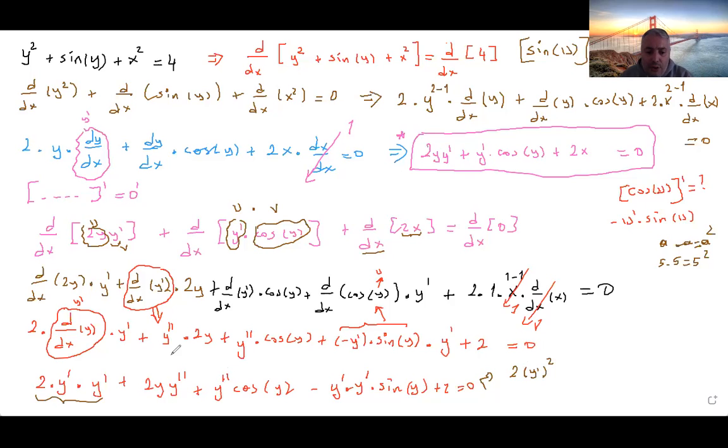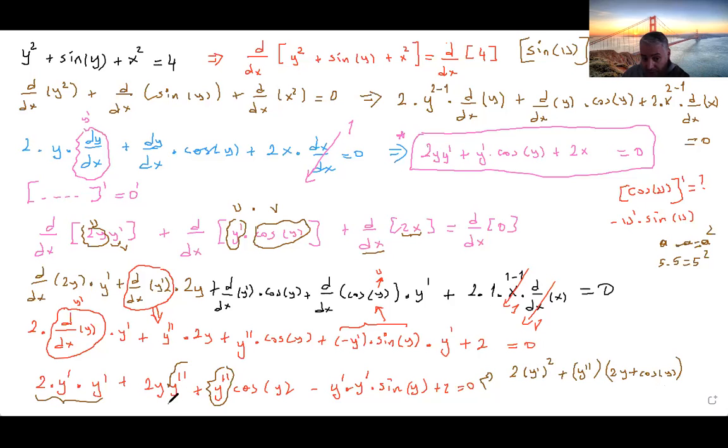But what can I do? This y double prime and this y double prime are common. So if I take y double prime parenthesis, it will be 2y plus cosine of y. Check it please quickly, I am waiting.